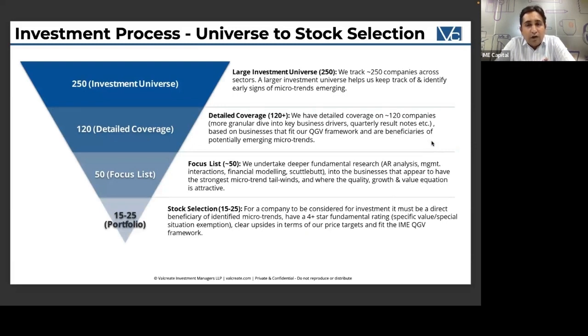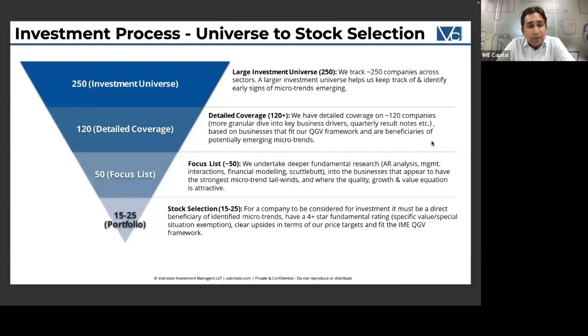A little over 120 are companies where we have more detailed coverage. This includes a more granular dive into key business drivers, quarterly results, notes, company meetings, etc. These are companies that meet our GQV framework and are also beneficiaries of potentially emerging microtrends.